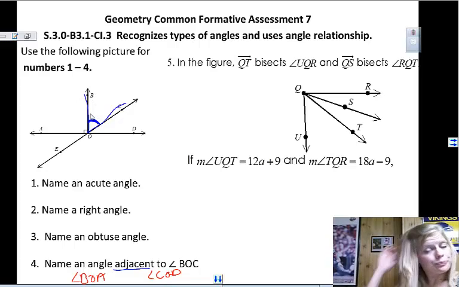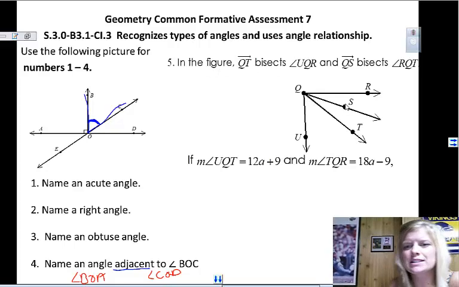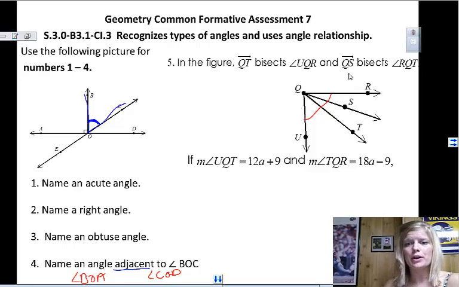Two more. In the figure number 5, QT bisects UQR. So QT bisects this whole angle. Reminder, I'm a frog and you're in biology and you bisect, you're making two equal parts. So if you bisect an angle, you're making two equal angles. So UQT is congruent to TQR.